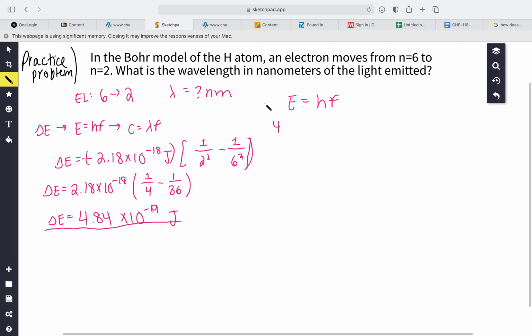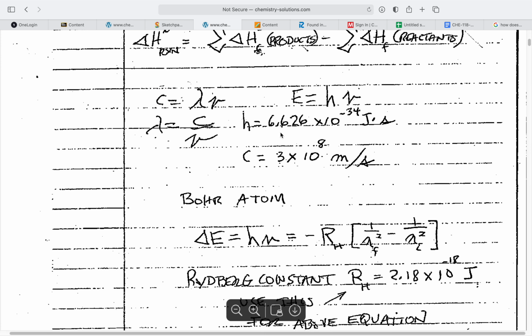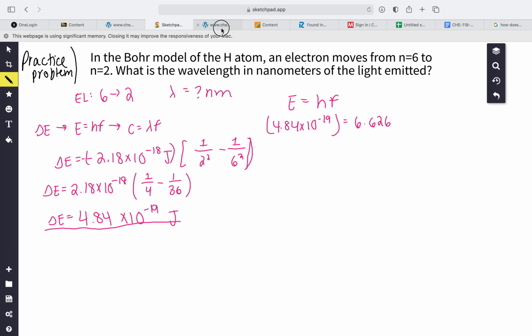Oh, no, it's not negative. 4.84 times 10 to the negative 19 is equal to h, which is 6.626 times 10 to the negative 34th, times frequency.